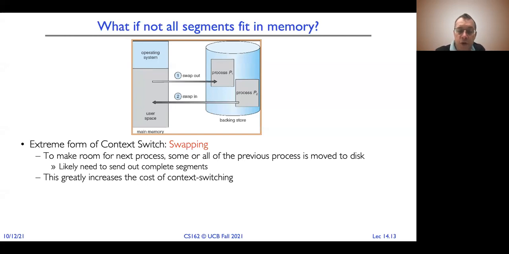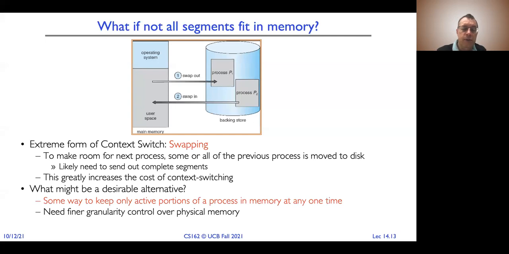Of course, if you have to do that, the context switch cost will grow dramatically. Okay? So you need to be very careful about what you swap out and swap in, because you really want to minimize the operations on the disk. We are going to learn about that in the next couple of lectures.